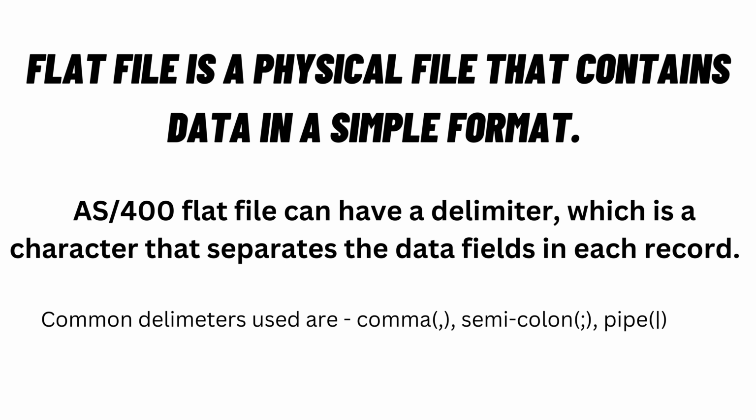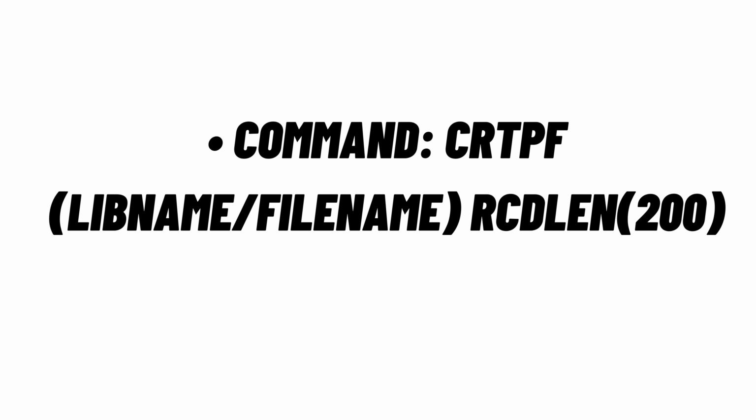Flat files in AS400 are created using a tool called data file utility, or by using the programming languages RPG or COBOL. Mostly the flat file data is loaded by utilizing programs because the length of the flat file is very big.